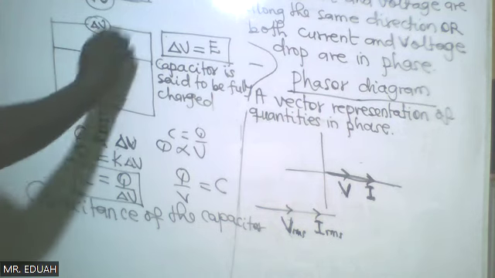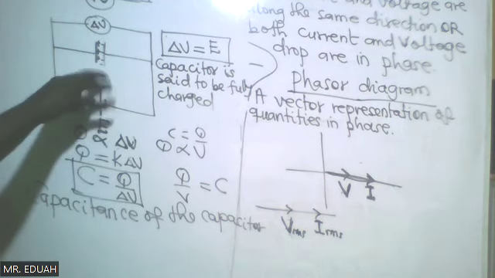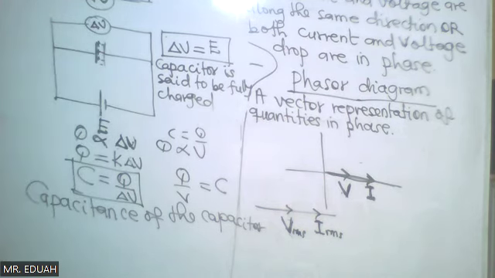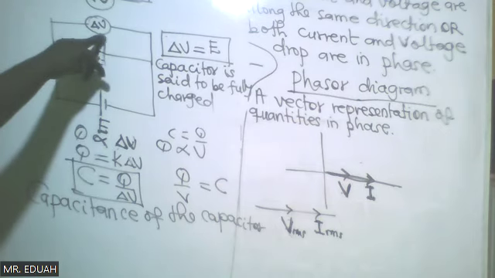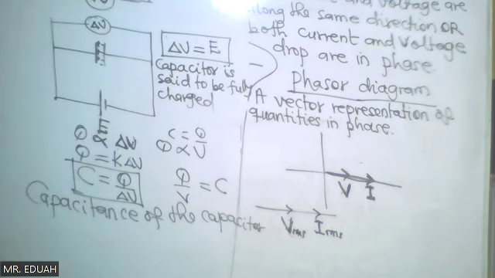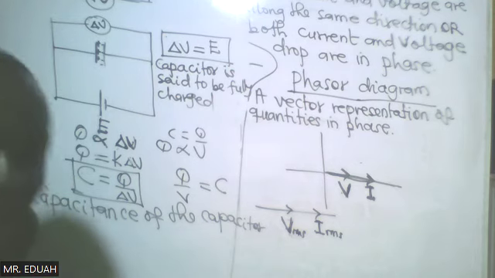Then you have to disconnect it. It's like you are done charging the capacitor. So you'll be done charging if the voltage drop across it, measured by a voltmeter, is equal to the EMF of the battery.